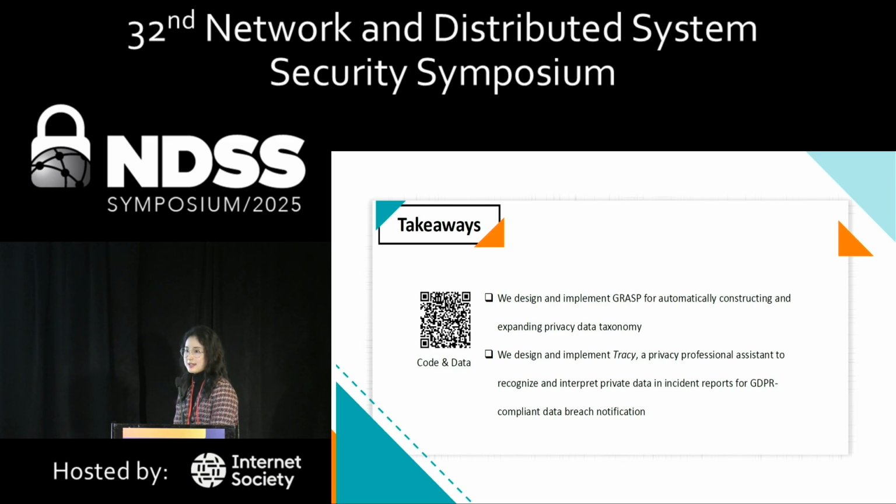Yes. Because this is a purely automatic method, it can of course capture the dynamic landscape of the privacy domain. As I said before, when new privacy laws evolve, we can use those documents to retrain our embedding model and update the privacy data taxonomy.